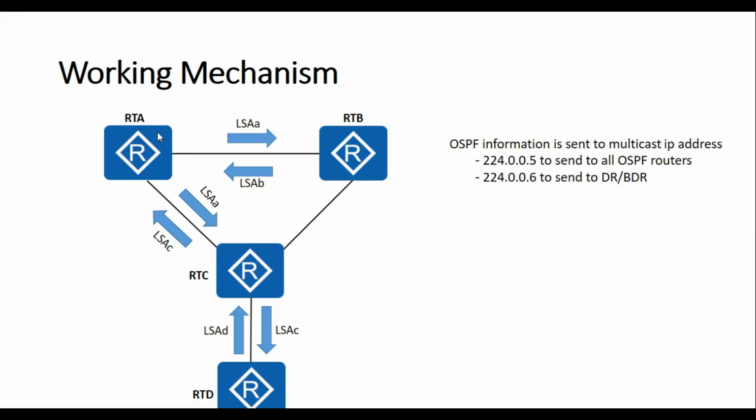So if a router wants to send link state information to the others, it will send to this particular IP address, and they'll all receive it. But if there is a DR or a BDR and the router wants to send data to it, it will use the other multicast IP address. I've seen exams asking which IP addresses are used by OSPF. So these are the IP addresses that an OSPF router sends information to.